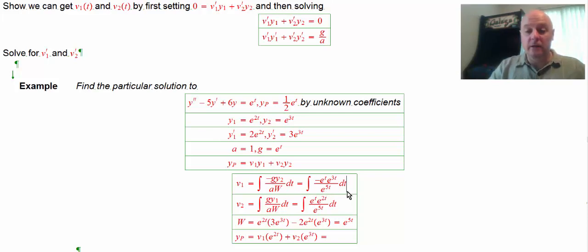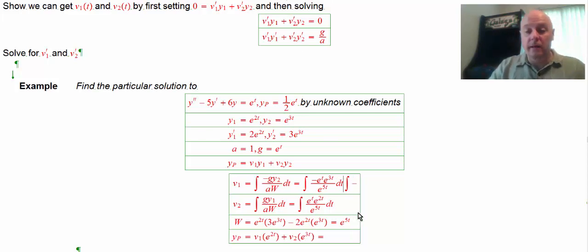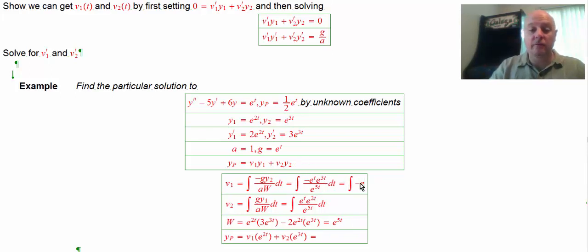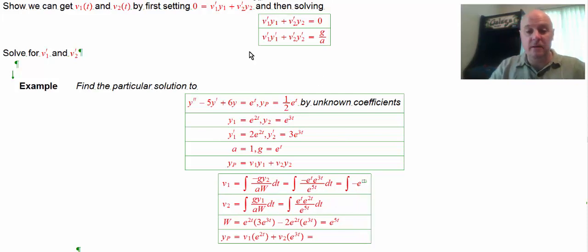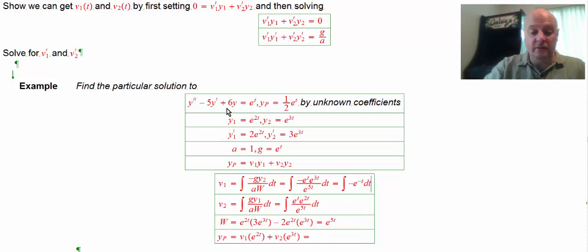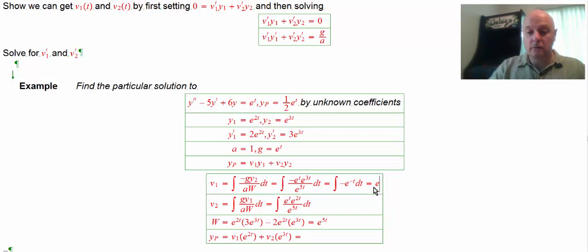When we're integrating here, what are we integrating? We're integrating minus, you got an e^4t on the top, e^5t on the bottom, so it just integrates to be e^(-t), and we integrate that, we get e^(-t).